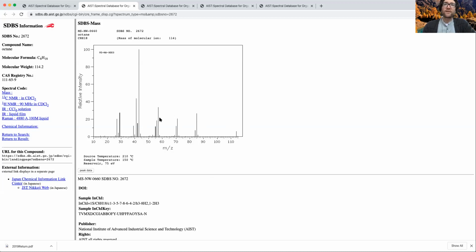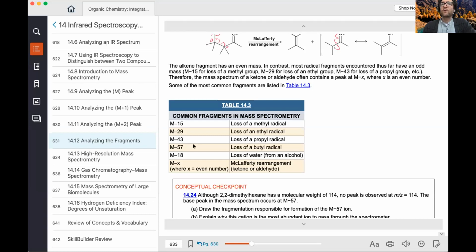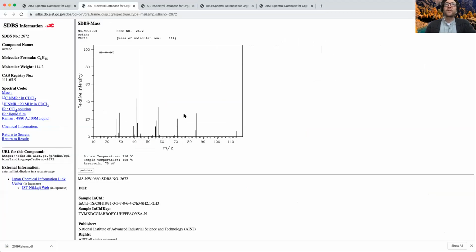And then every 14 after that, we see fragments, with the base peak being here at 43. We know from our little table that we just talked about, M-43 is loss of a propyl radical. So we can look very easily at what type of fragmentation is occurring and how to identify the molecules.